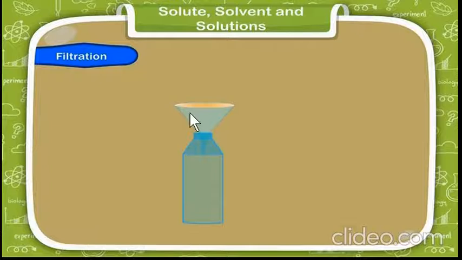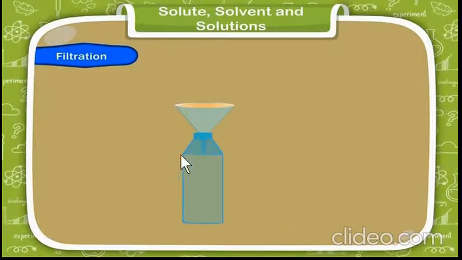So this cone-shaped filter paper, we can place it in a funnel. Remember, in the first practical I told you there are different apparatus, and there we discussed this apparatus is called a funnel, right? Then when we pour the water and sand solution in it, what will happen?